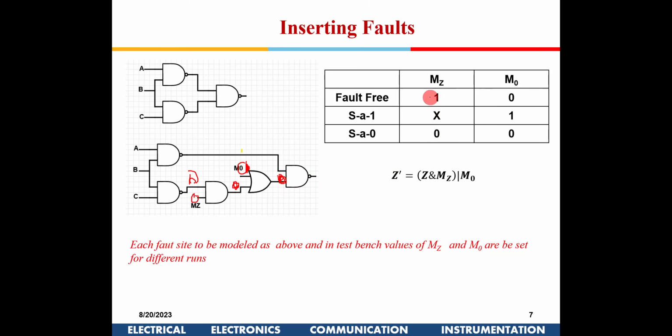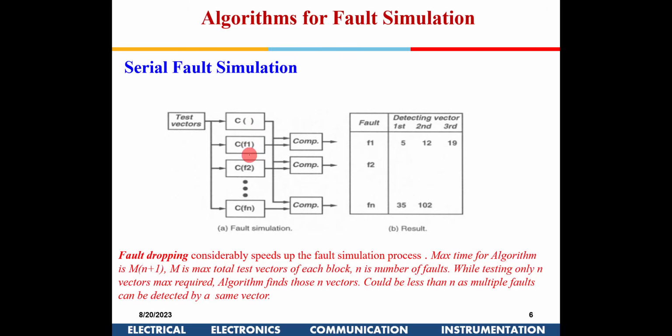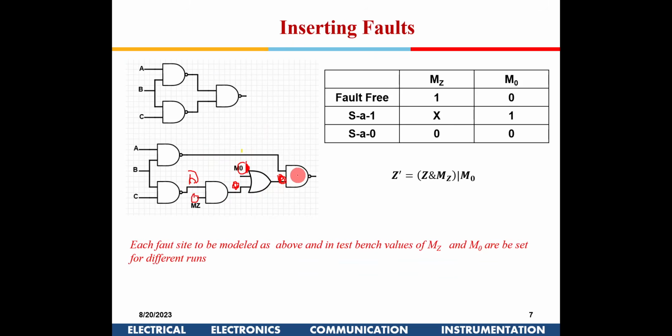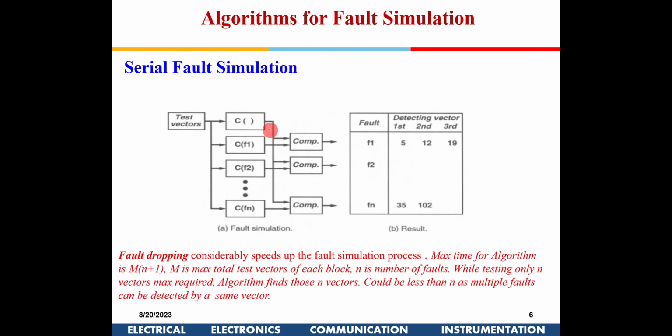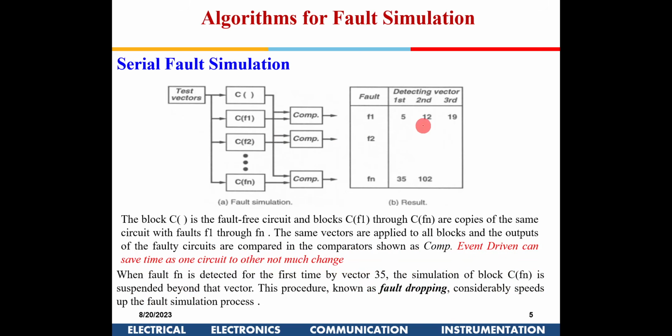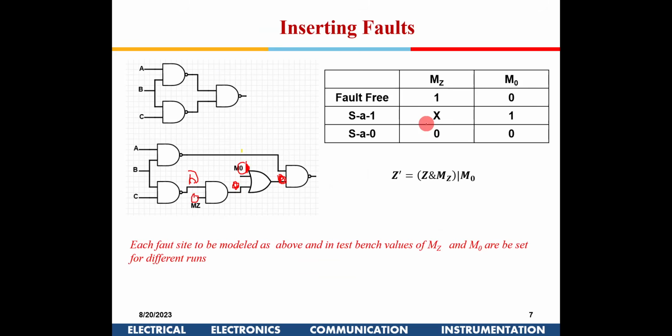So instead of making different blocks, you could also write code to induce these two extra gates at each of the fault sites. When I'm moving from one fault to another, I just have to change the values of MZ and M0, and automatically that fault will get simulated.